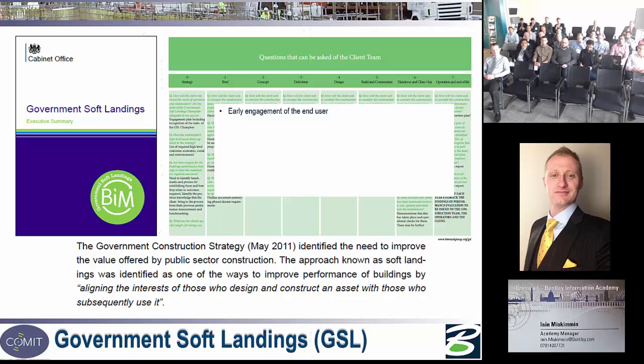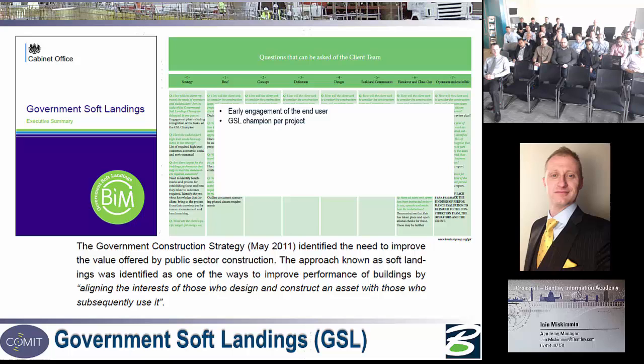That's the people who commute on that train or drive on that motorway or use this building or get sent to prison and use that cell. We need to improve their engagement with that particular asset, their experience with that asset, and so early engagement of the end user was very, very important to ensure that we're delivering something that's fit for purpose.